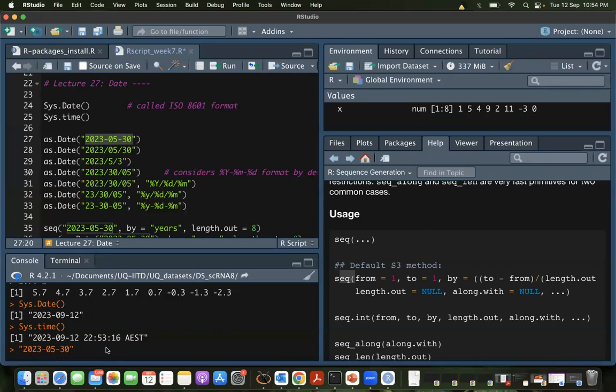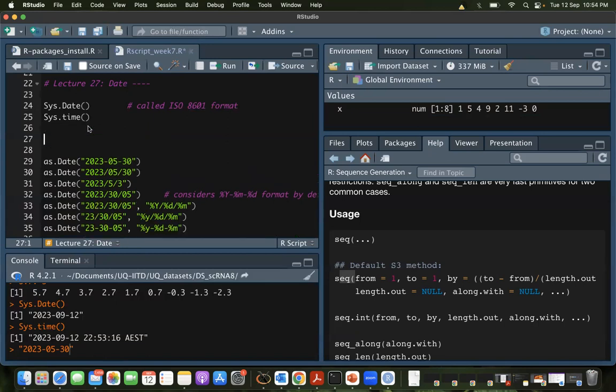But the format can be different: somewhere it is month, day, year, somewhere it's year, month, day. R by default follows the format year, month, and day.